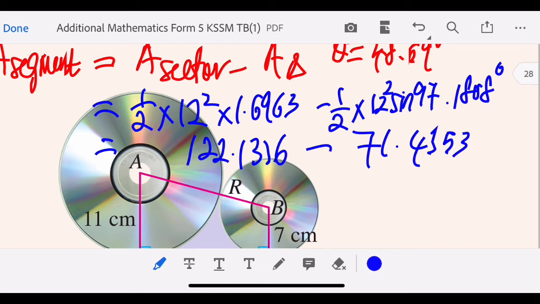Okay, so finally you minus, 122.1336 minus 71.4353. So what's the answer?